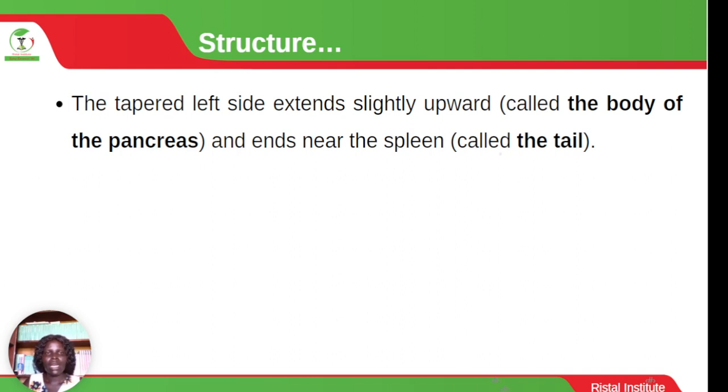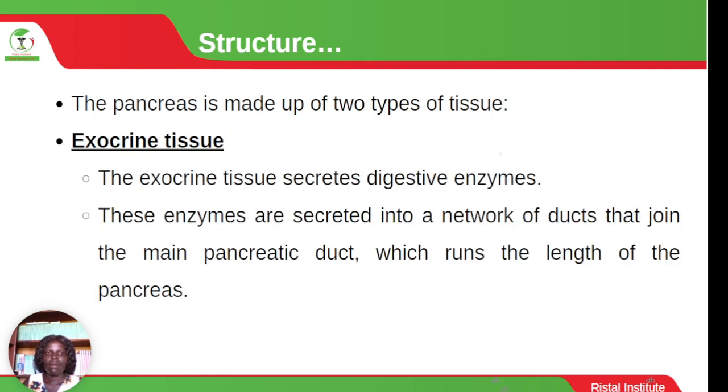The tapered left side extends slightly upward, called the body of the pancreas, and ends near the spleen, called the tail. The pancreas is made up of two types of tissue.